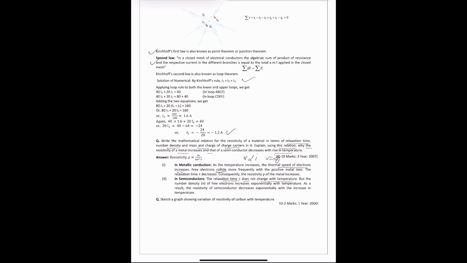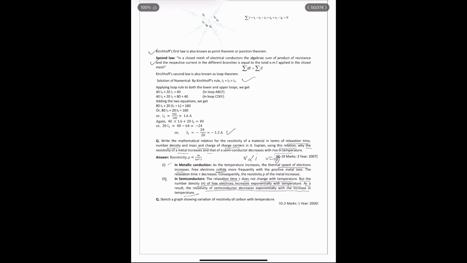In any case, the number density of free electrons increases exponentially with temperature in a semiconductor. As a result, the resistivity of a semiconductor decreases exponentially with the increase in temperature. Ohm's law is followed in metallic conduction.